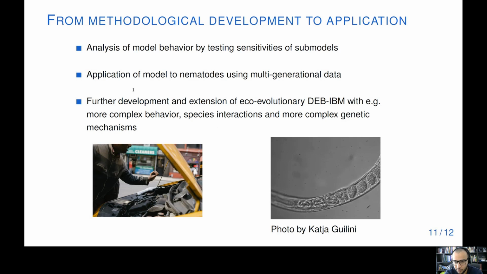But for the moment, I'm still refining the methodology and conducting extensive simulation experiments to further know what's sort of happening under the hood of the implemented eco-evolutionary DEB-IBM.